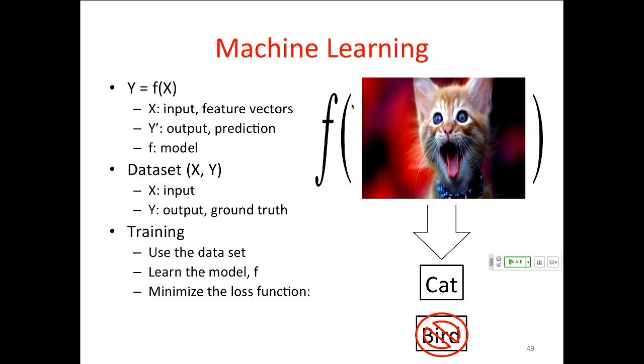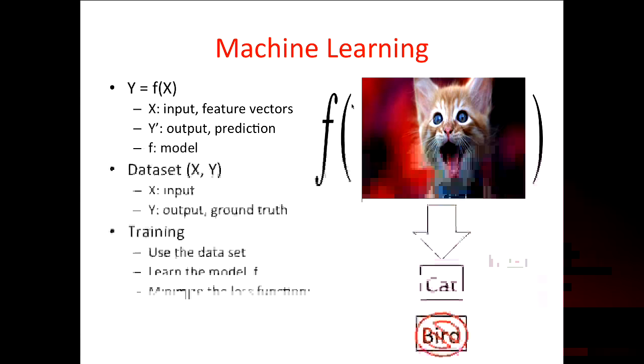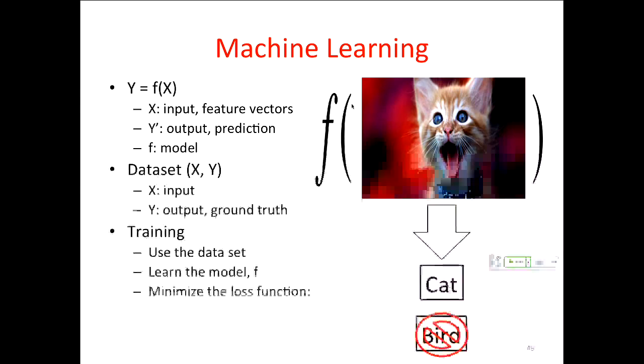And you are also given a data set. This data set consists of its input, right? And also its known output. So for example, we have a bunch of images, and for this data set we already know whether it's a cat or not.